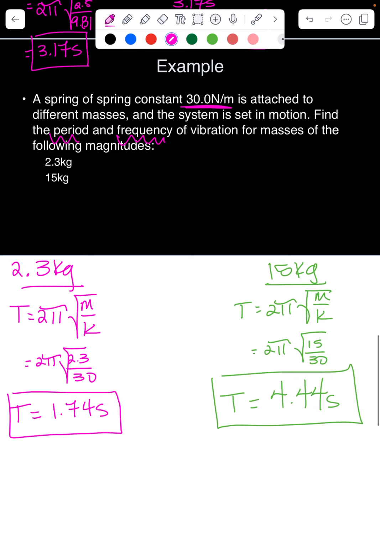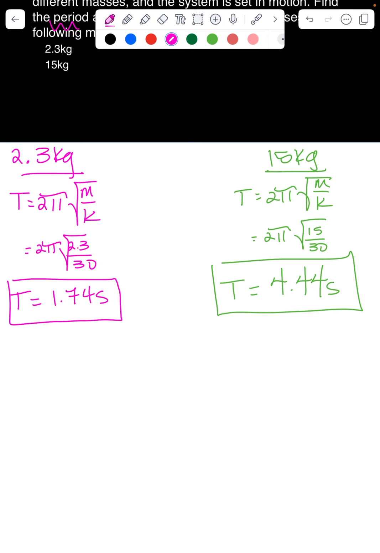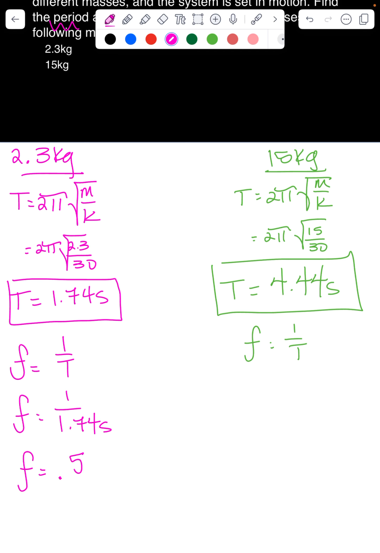Now I want to find the frequency for both of these. I take the inverse of the period for both. On the first one, that is 1 divided by 1.74 seconds, which gives us a frequency of 0.57 hertz.